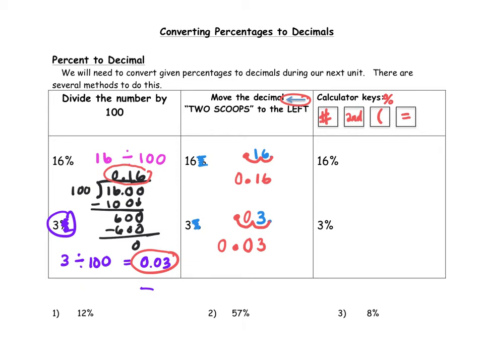So what you'll see on your calculator face is you'll see 16%, and when you press equals in the corner, it's going to give you 0 and 16/100ths. So if we tried the same thing with 3, if you put 3 in the calculator, press the second key, and then that parenthesis, you're going to immediately see that 3% in your calculator.